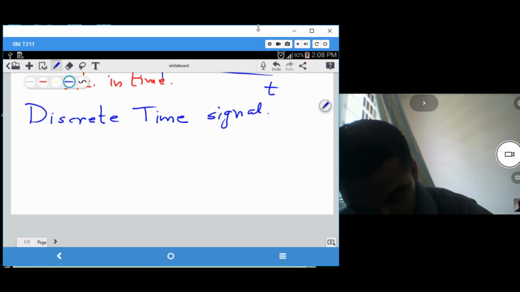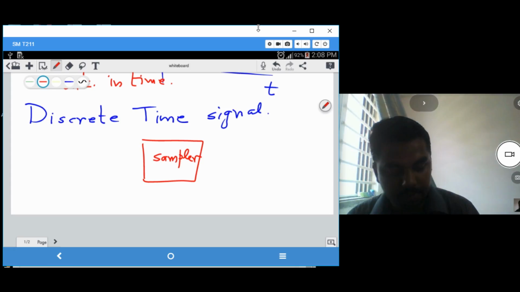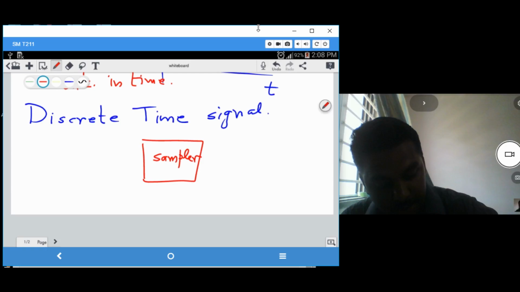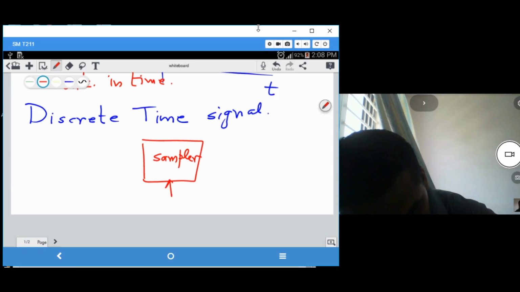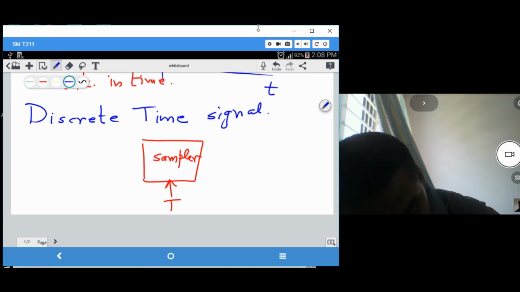We have a block called a sampler, which is vital in the discretization process with respect to time, and one of its inputs is the sampling time or the sampling interval.